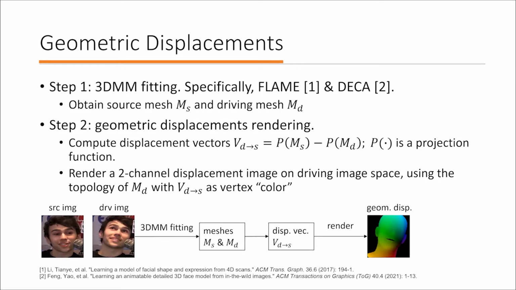And then we render a two-channel image by using the topology of the driving mesh and the V as the vertex color. This two-channel image is the geometric displacement.